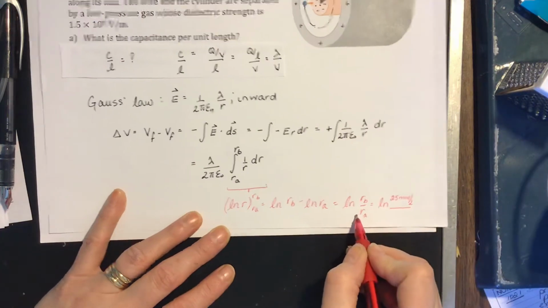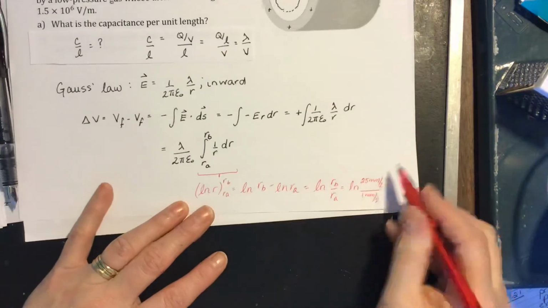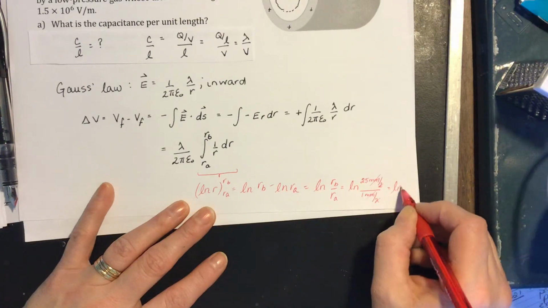Radius of A, the diameter is 1 millimeter, so the radius is going to be 1 millimeter over 2. So the millimeters cancel, the 2's cancel, and we're left with the natural log of 25.